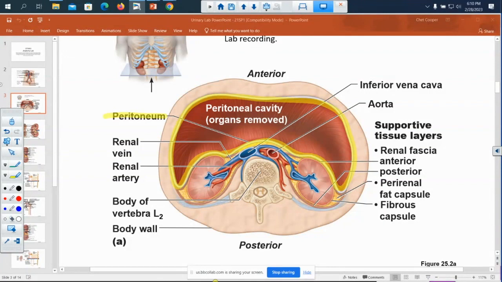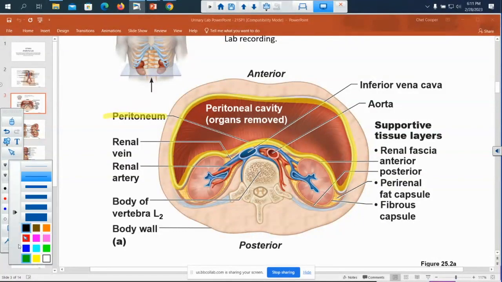And the reason I make a big deal out of that and point that out is because you can notice the kidneys are behind that membrane. So technically, even though the kidneys are in here somewhere, they're behind our guts and they're behind that membrane.